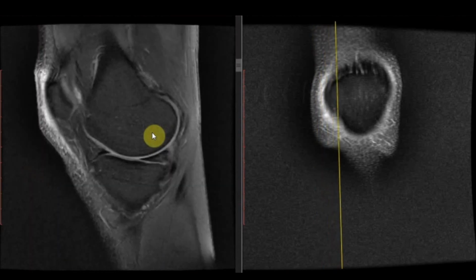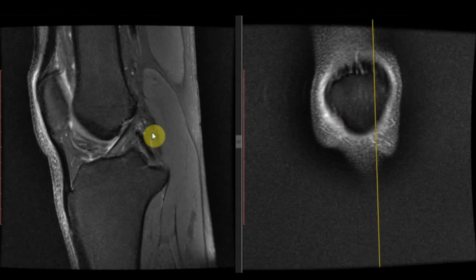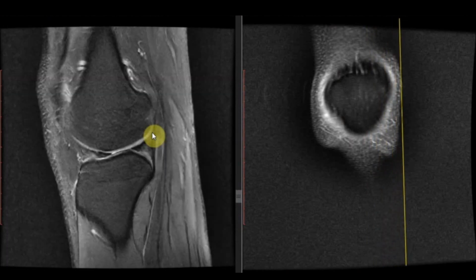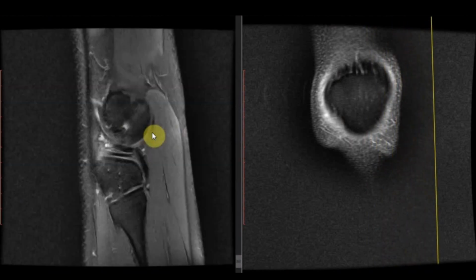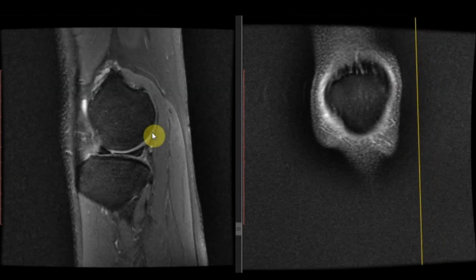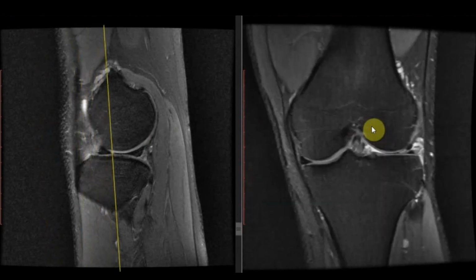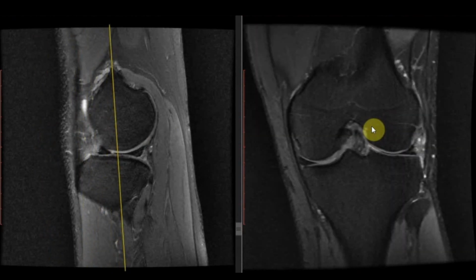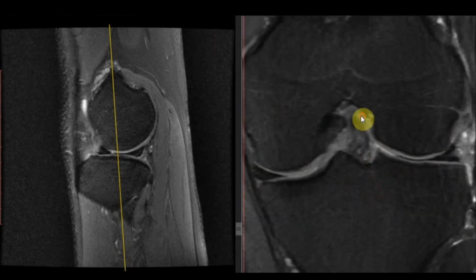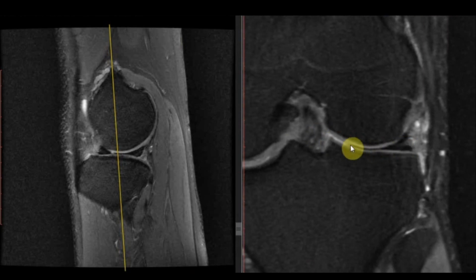Okay, so this is a case of a 23-year-old male who has no obvious history of trauma. This is the lateral meniscus. Let's see that in coronal plane. This is the mid-coronal image, and here we can see the lateral meniscus is covering quite a large portion of the tibial plateau.